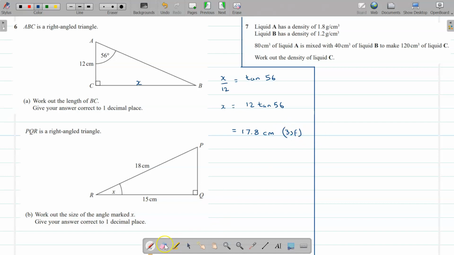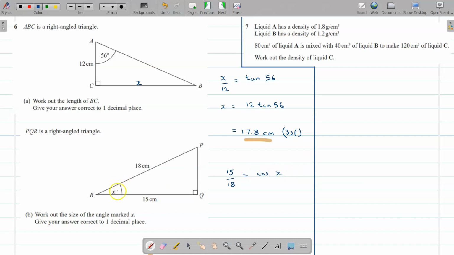Okay, and the next part of the question is asking me to work out the angle x, and I could say that the adjacent over hypotenuse, okay, so 15 over 18 is the adjacent over hypotenuse, which is the cosine of the angle x.